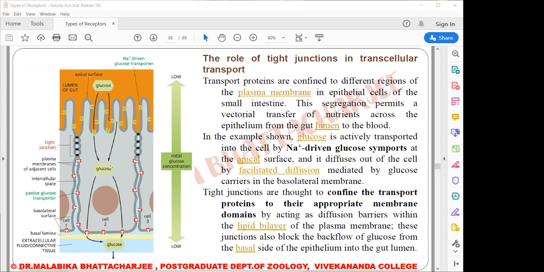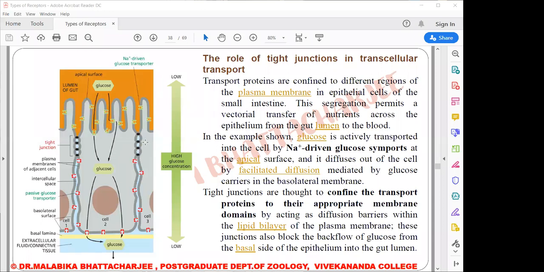So the tight junctions thus confine the transport proteins to their appropriate membrane domains. So they are confining the transport protein to the basolateral region, here in this case glucose, and prevent the unwarranted diffusion of the proteins in the apical region.